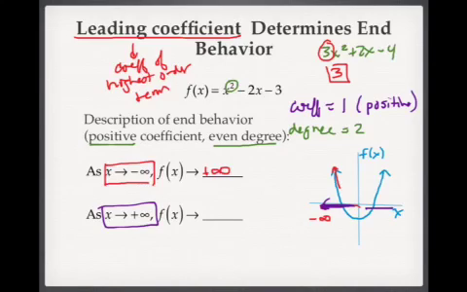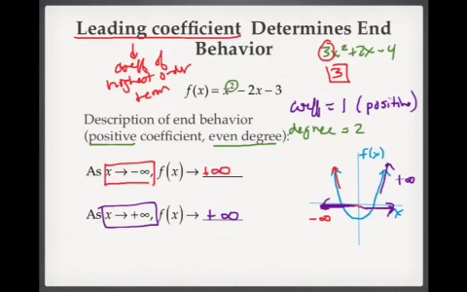Now what about as x approaches positive infinity? As it goes from 0 positive this way, what's going to happen to the function? Well, it's going to climb still, again, up, up, up, and away, and so its end behavior when x approaches positive infinity is also going to be positive infinity. Okay, so this is an even degree function.